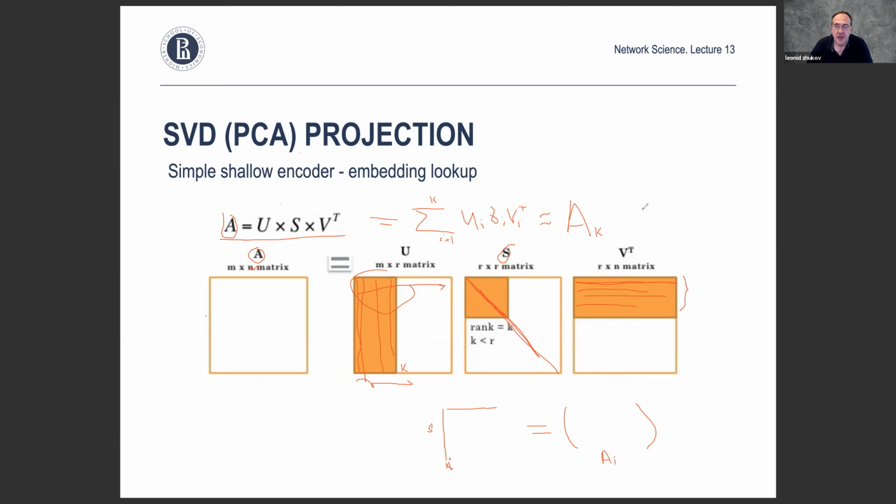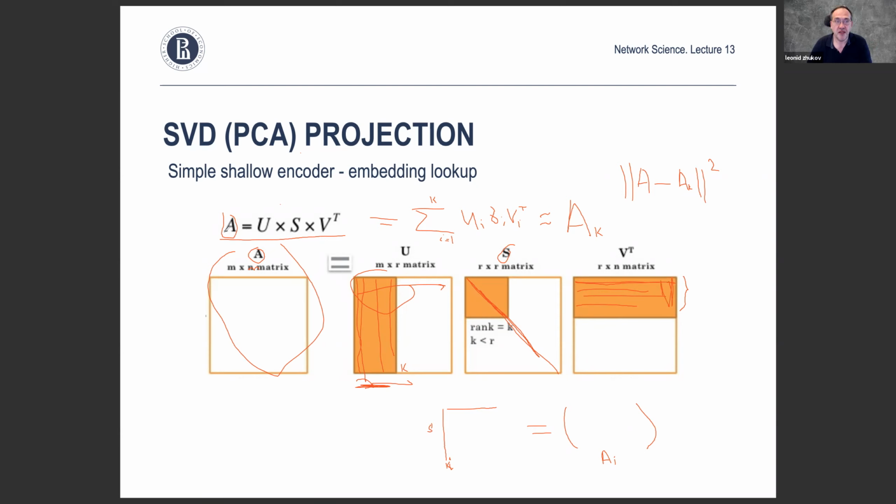And it can be shown that this is the best approximation in terms of norm overall to the matrix A. So in fact, you can think about this as embedding the matrix into a low-dimensional k-dimensional space, where there are k vectors, and these are the coordinates for the embeddings.